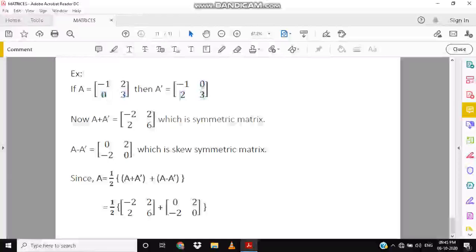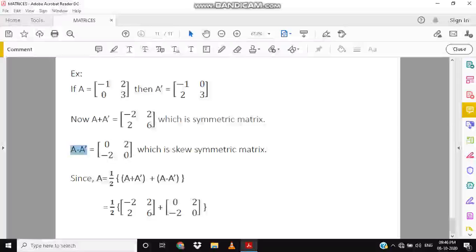Now we calculate A plus A transpose and we get this result. A plus A transpose is known as symmetric matrix, and A minus A transpose will be known as skew symmetric matrix. We know how to do the addition and subtraction of two matrices. It's simply the normal algebraic function.